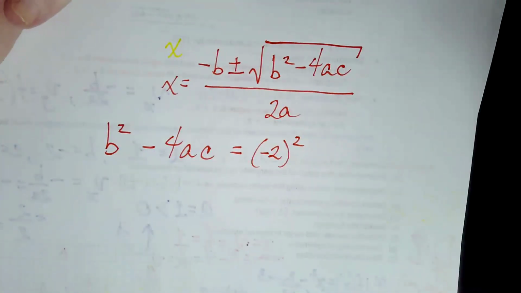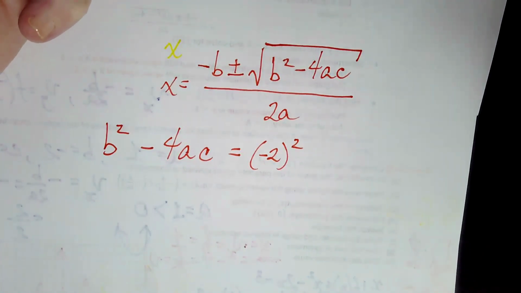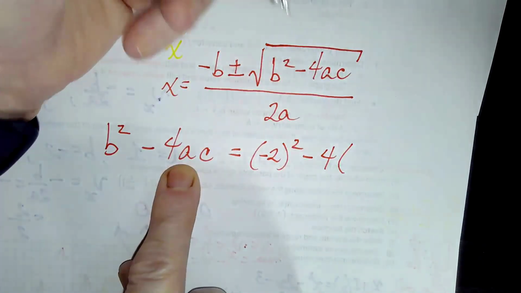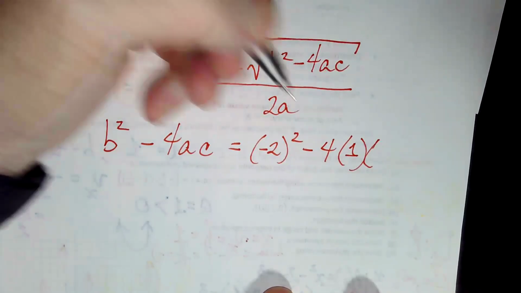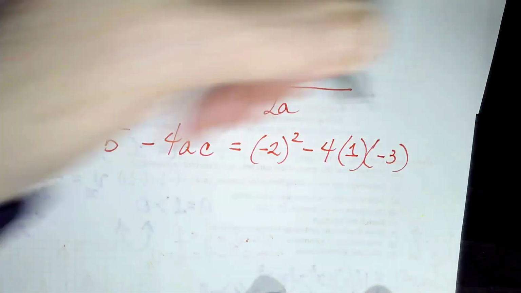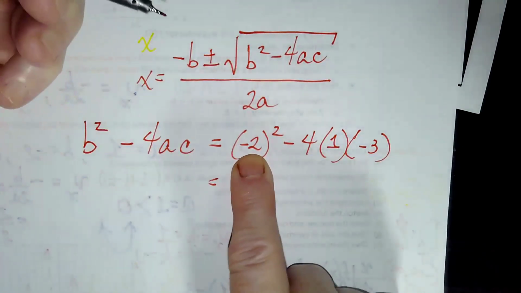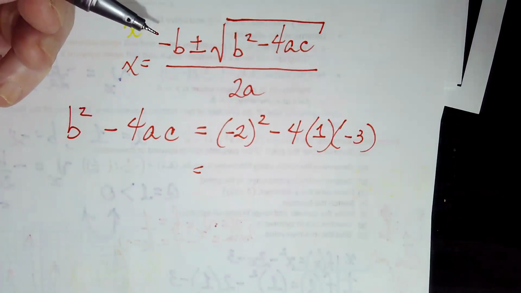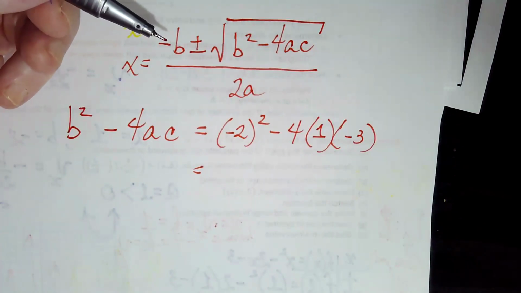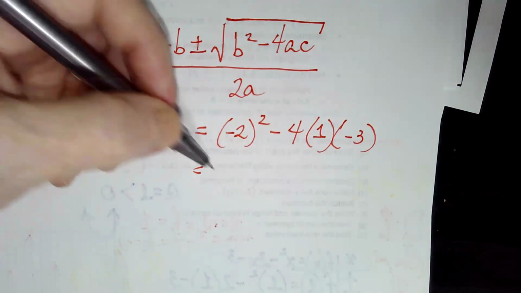Is that right? Yes. Good. And a was 1. What was c? -3. Beautiful, thanks. What is -2 squared? Positive 4.